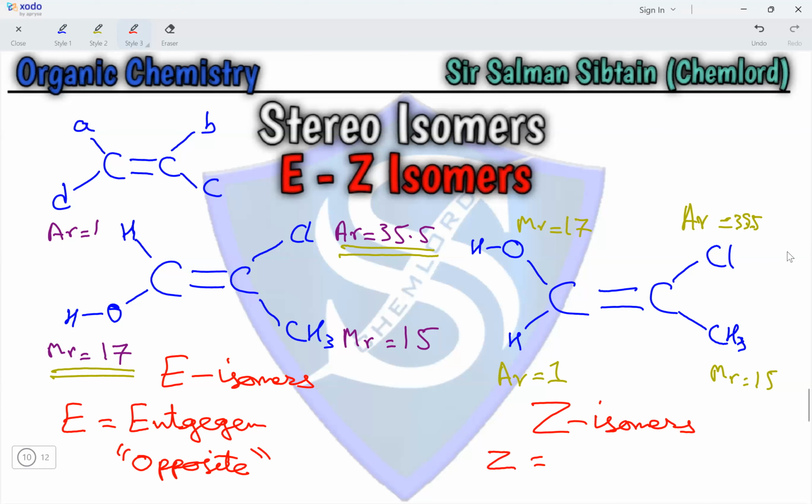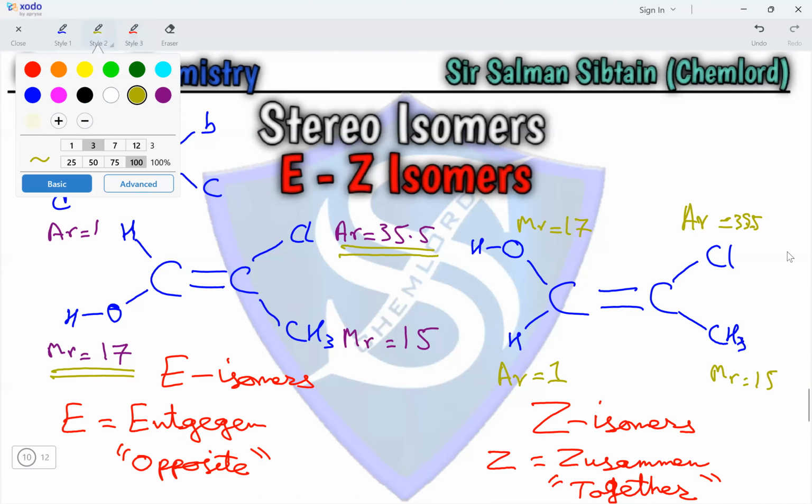Z is from a German word which stands for Zusammen, and Zusammen in German means together. So, EZ isomerism is based on the German words Entgegen and Zusammen, meaning opposite and together. So, if the higher or the lower MRs are on opposite sides, then the isomerism is E isomerism.